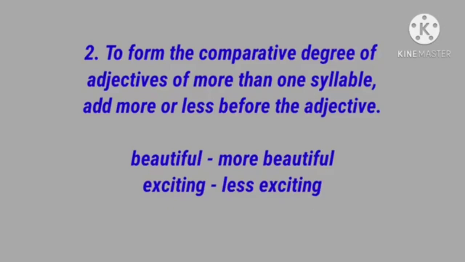Examples, beautiful. So beautiful has three syllables. So before it we add more to make the comparative form. Beautiful, more beautiful. Exciting, less exciting. So comparative degree of adjective of one syllable, add er to the positive form. More than one syllable, add more or less before the adjective.